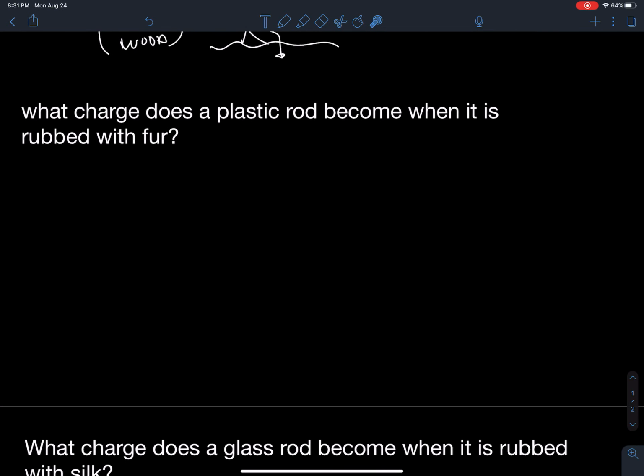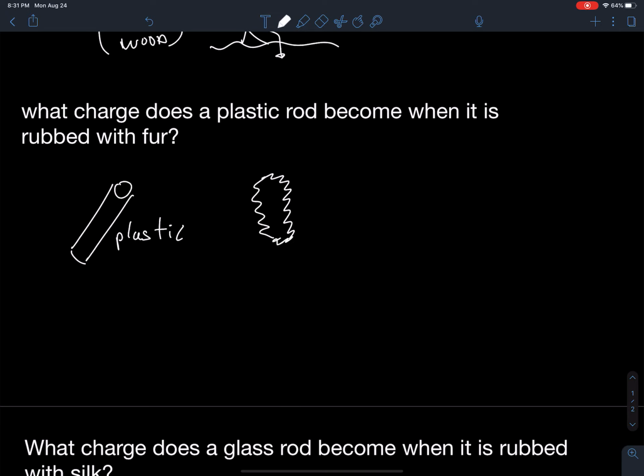All right, so what charge does a plastic rod, which is an insulator, become when it is rubbed with fur? If I have my plastic, and let's say this is the tail of an animal, it's fur, and I rub that plastic with fur, electrons from the fur are going to hop onto the plastic.